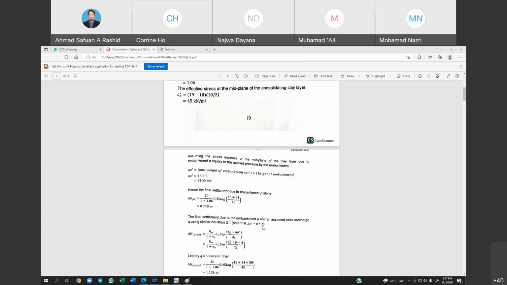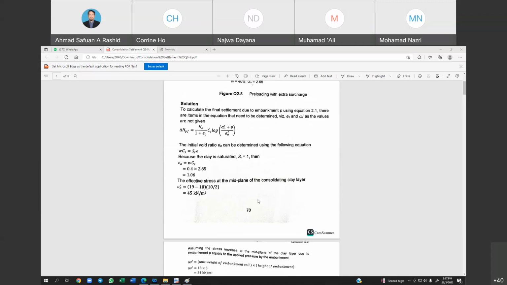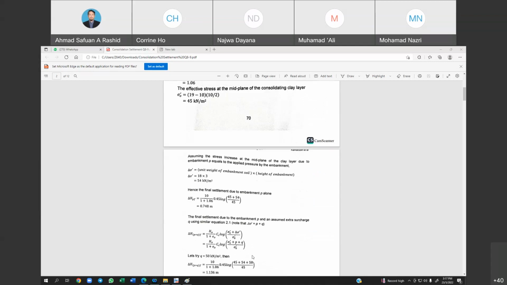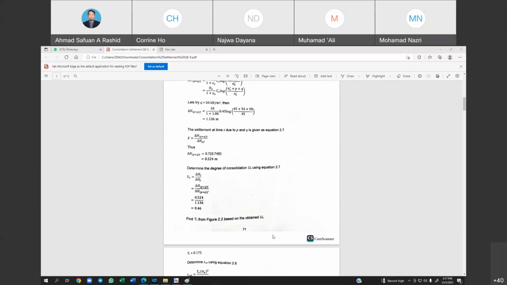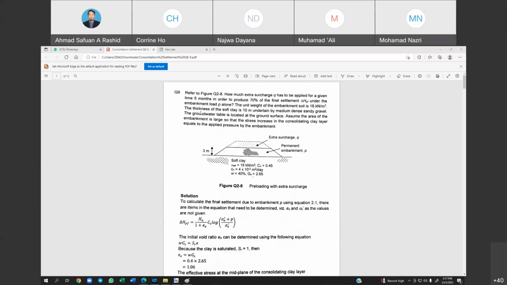So the Q is equal to... how do they determine the Q? 45, 54, 54. The Q is 50. Mana dapat 50? Sekejap.